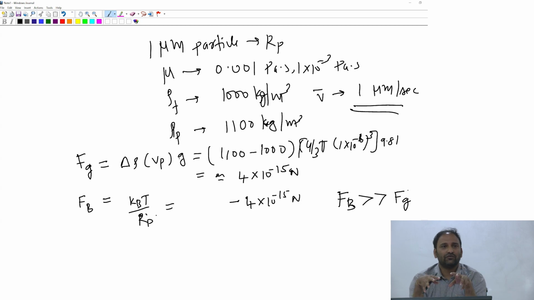Therefore, whenever one is working with a fine particle system, it's a good idea to think about the different forces that are acting and do a simple calculation of the different forces acting on the particle. That will give you some information about whether gravitational forces are really important in making your fine particle dispersion unstable.